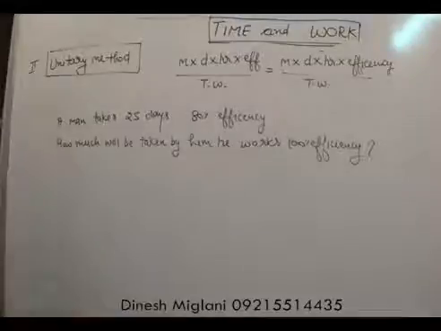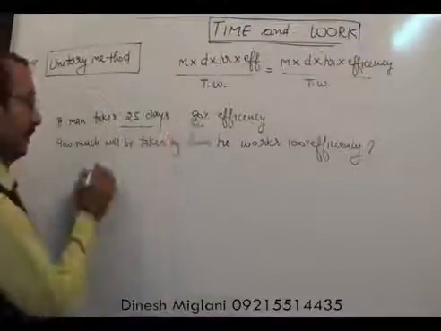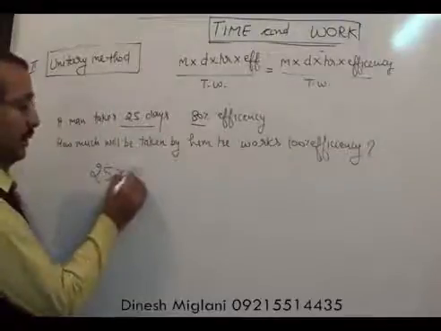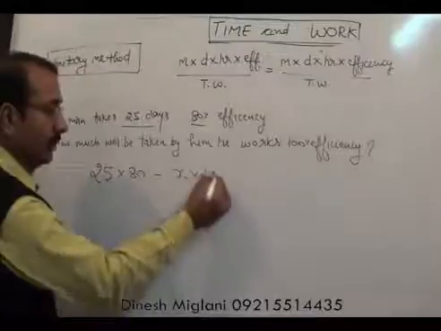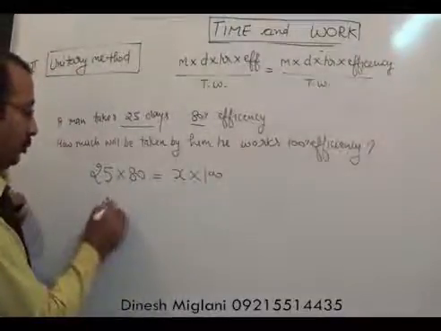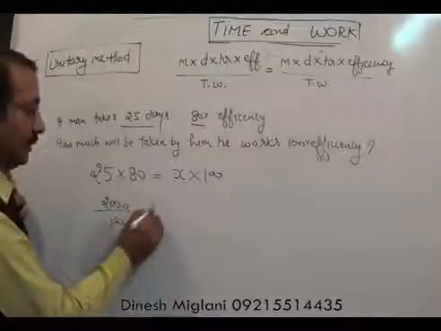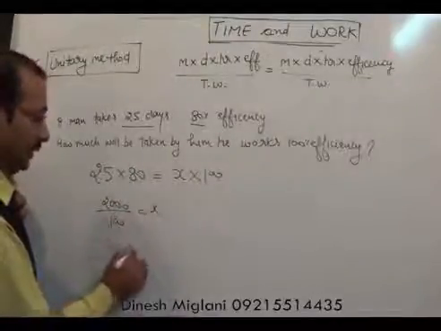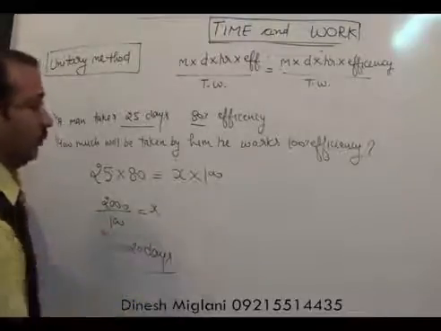If I have to answer this question, what I will do: 25 days, 80% efficiency, 25 into 80 days. I have to find out x into 100, just solve it. So this would be 2000 divided by 100 equal to x. x is equal to 20 days. So we can say they will take 20 days to do the work.